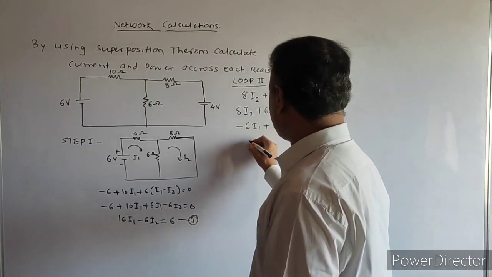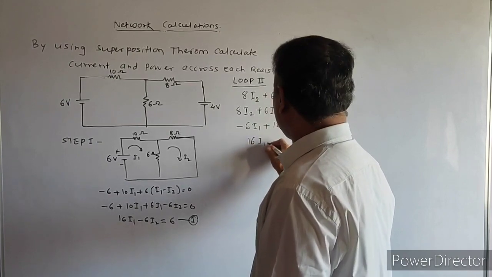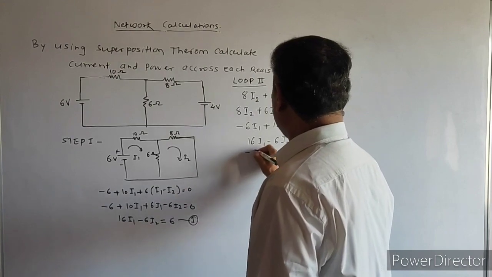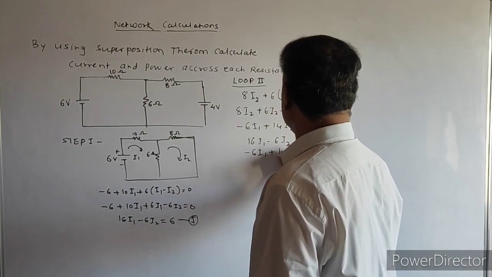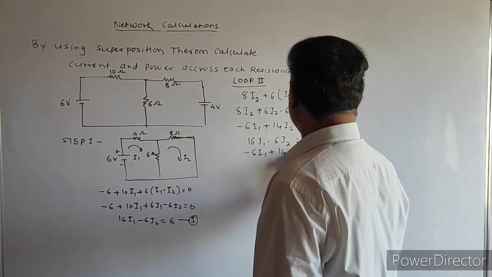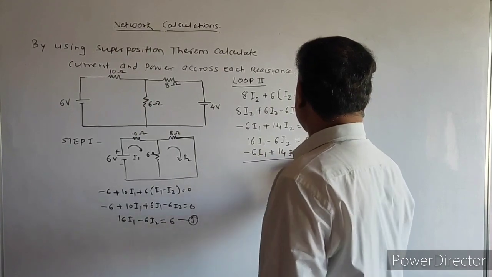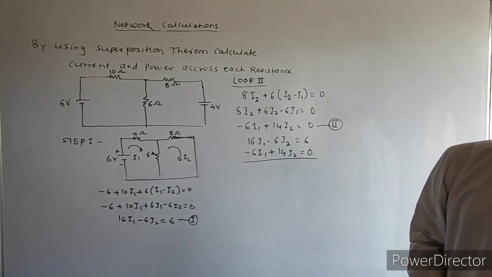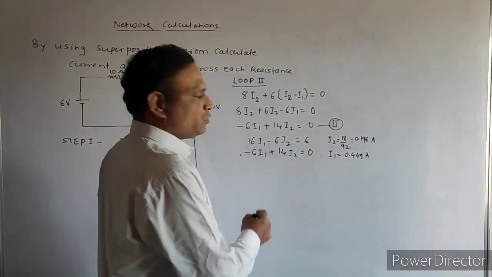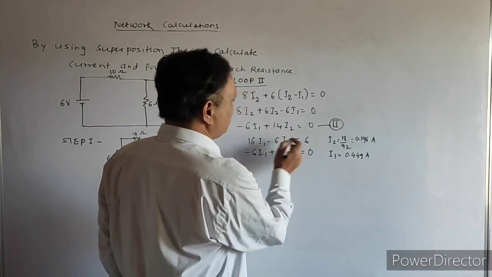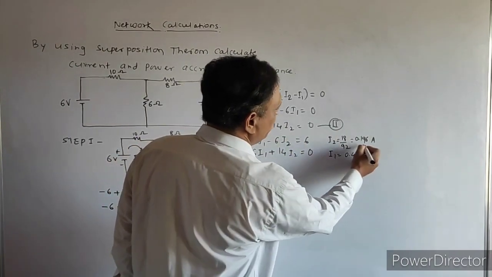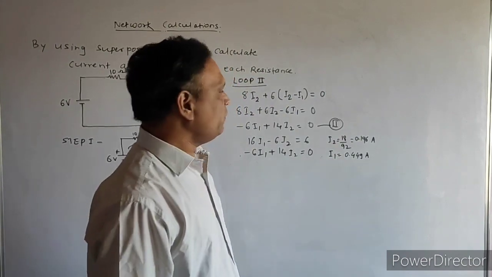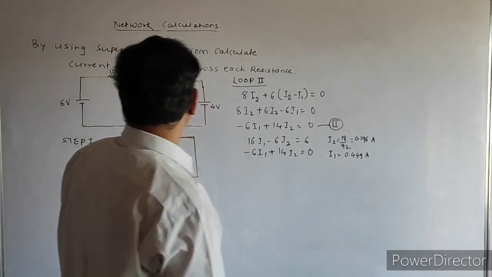If we solve equations number 1 and 2 simultaneously, we get the value of I2 as 0.196 ampere and I1 as 0.449.